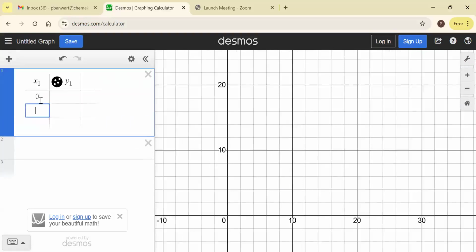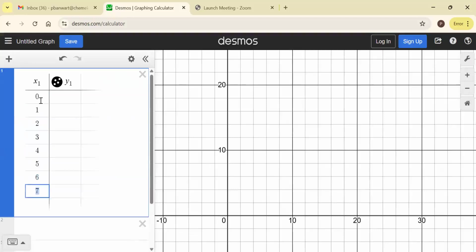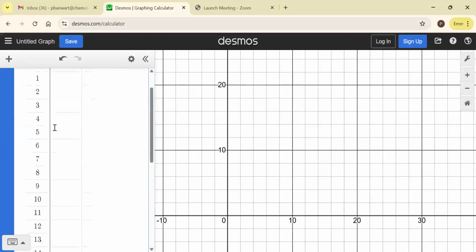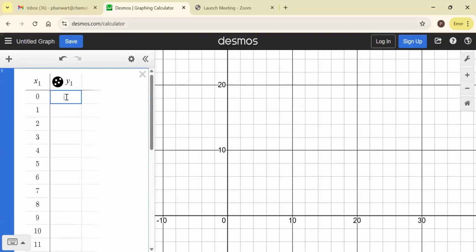And so we're going to put our time in the X column.